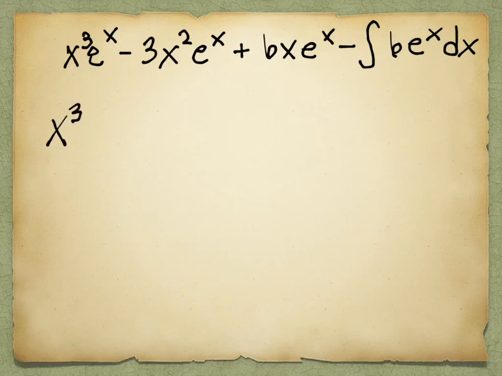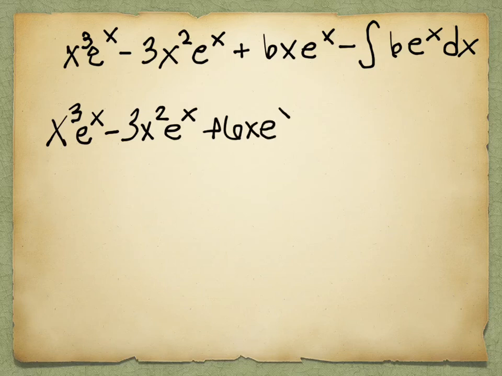So I've got x cubed e to the x minus 3x squared e to the x plus 6x e to the x. And then I need the antiderivative of 6e to the x, which is not a product, right? Because I don't have x in two locations. What is the antiderivative of 6e to the x? 6e to the x. And it's negative because I already had a negative there. What am I missing? Let's see.